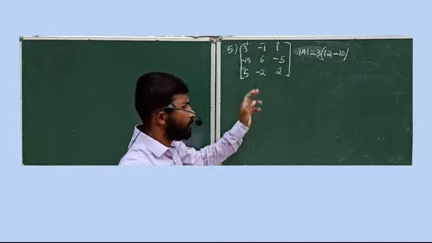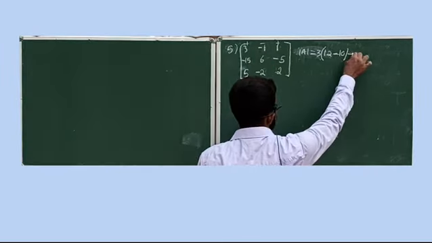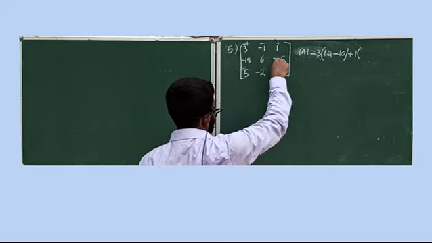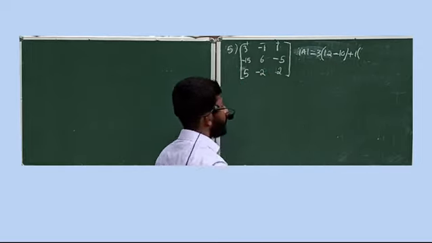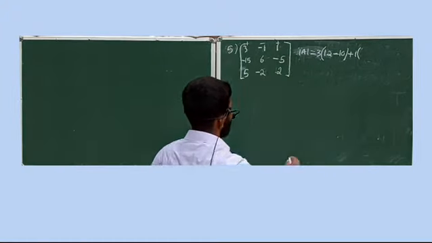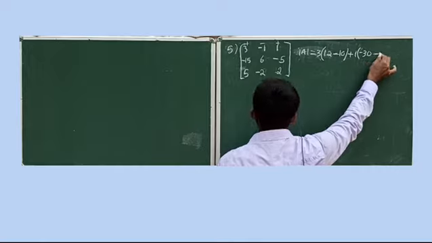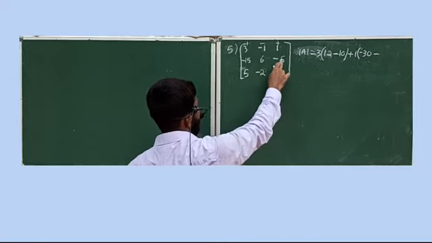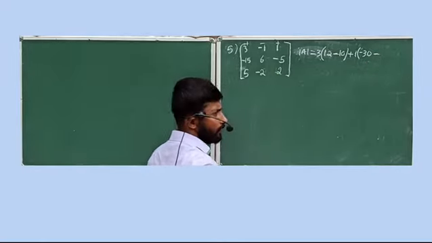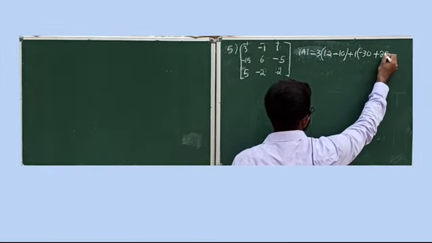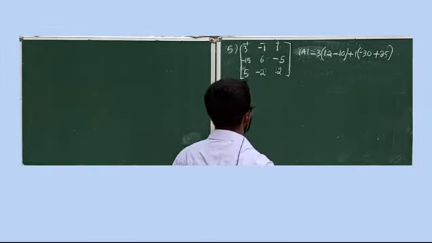This minus and this minus will become plus 1 into, delete the corresponding row and column, minus 15 into 2. It's equal to minus 30. Okay, minus, this is by formula, minus 5 into 5, it's equal to minus 25. But here one more minus is there, so we will get plus 25.